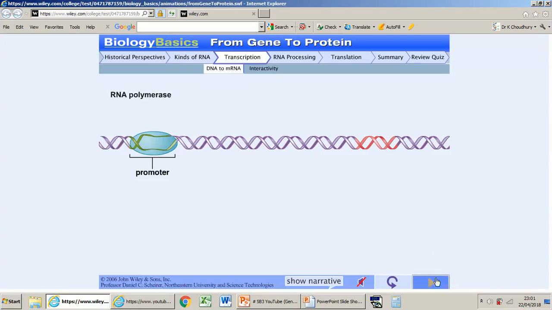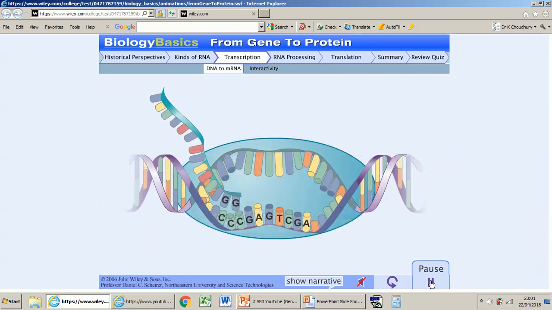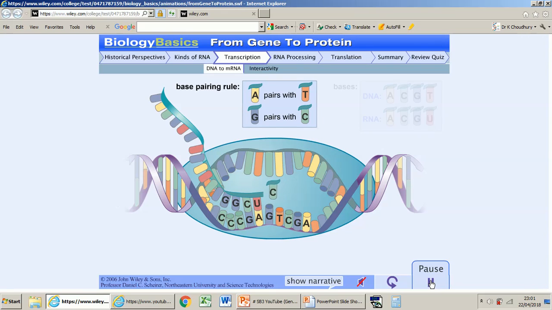So we can see that here we've got the RNA polymerase, and it's bound to the non-coding region before the gene, or in front of the gene, and then as it moves along the gene it separates the coding and template strand, and then using the template strand it adds RNA nucleotides that are complementary. Remembering that there is no thymine, instead in RNA it is replaced by uracil.